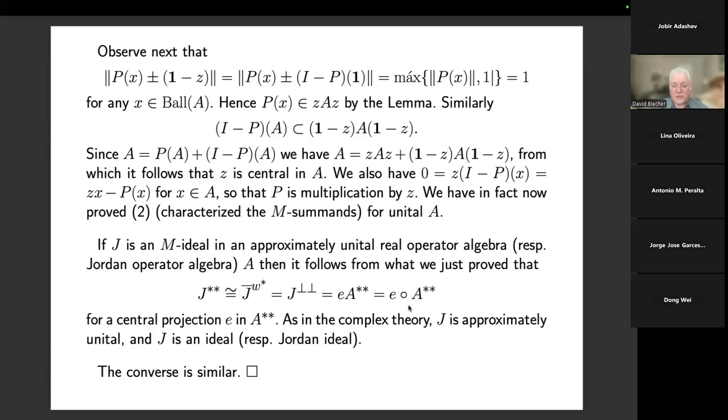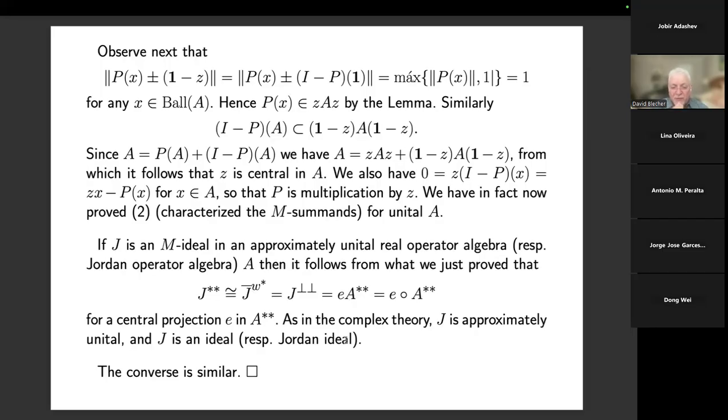The projection is central, so that is also the Jordan product of A and the bidual of A, and so we know exactly what the bidual of our M ideal looks like. From that it is easy to see just by functional analysis that J is an ideal, respectively a Jordan ideal.